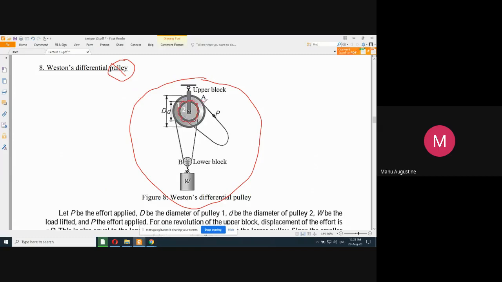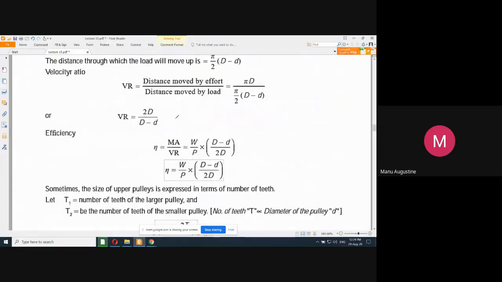See, now we have a sprocket here, we have a sprocket here. Both the discs have been taken away, and one larger sprocket and a smaller sprocket have been placed. And instead of the rope, you take the chain. The chain arrangement is taken. So what is the implication of this change on the formula?